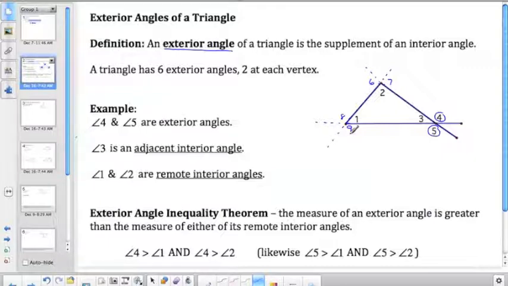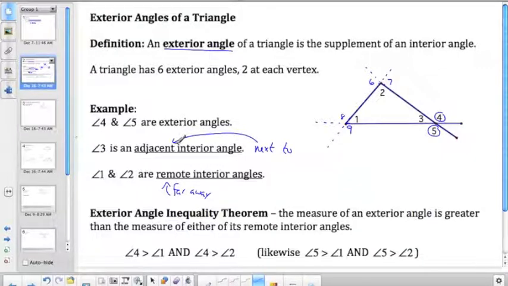Now we distinguish the interior angles into 2 kinds. There's the adjacent interior angle, which just means next to. Right, adjacent meaning next to. And then the remote interior angles, remote kind of meaning far away, if you want to think about that. So remote means far away, whereas adjacent means next to.